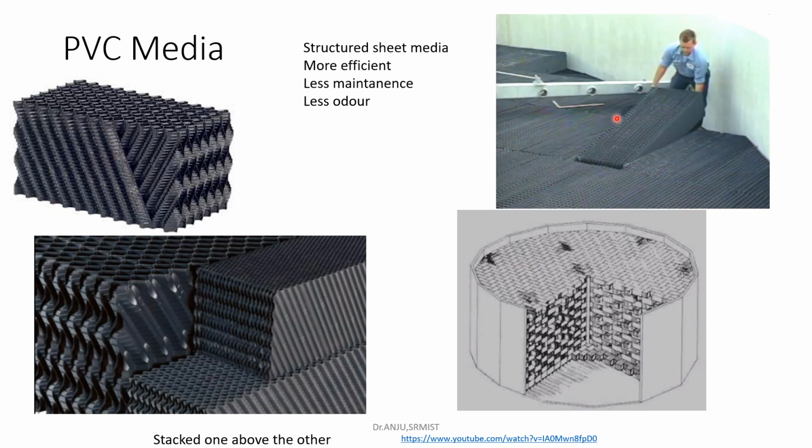They are structured media material, and this is used because they can be easily stacked one above the other. They provide easy maintenance, less maintenance cost, and give a more efficient process of BOD treatment. And another important thing is less odor produced by these materials.